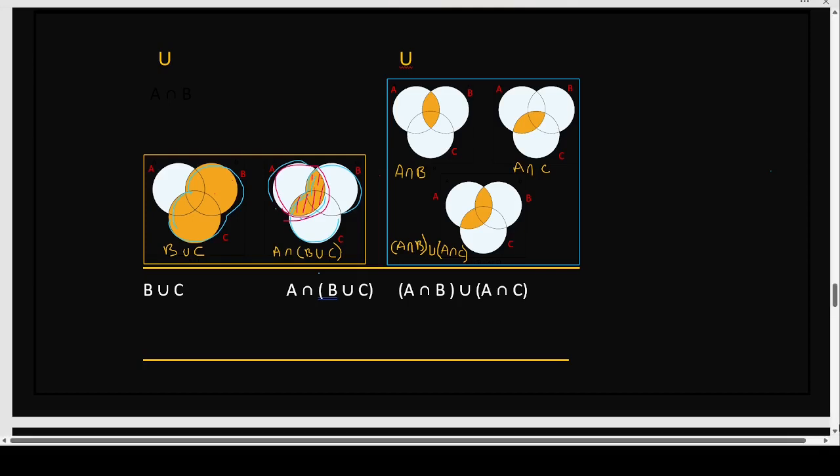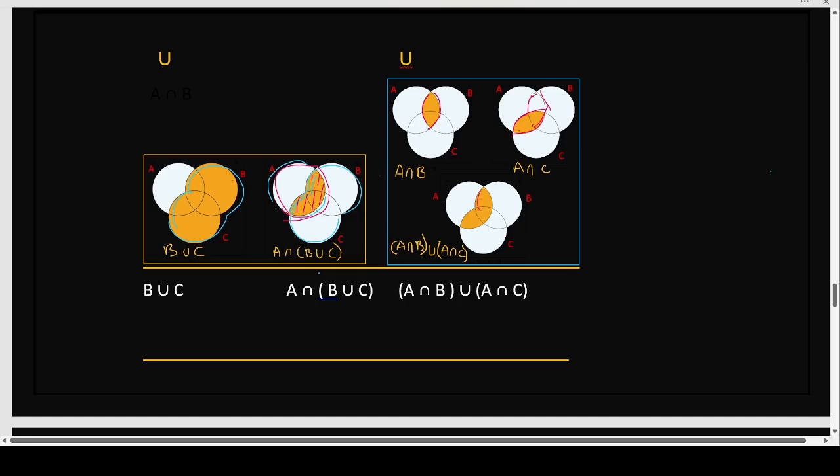In the second one, see what is A intersection B? A intersection B is this one, right? What is A intersection C? This is the A intersection C. So this and this, what is the union of that? This and this, right?